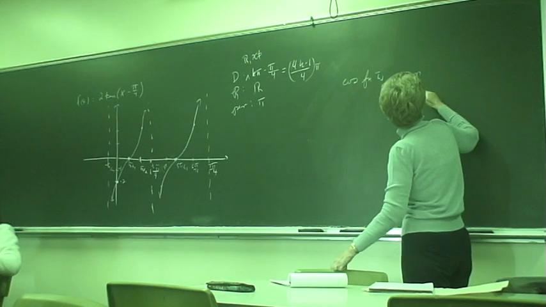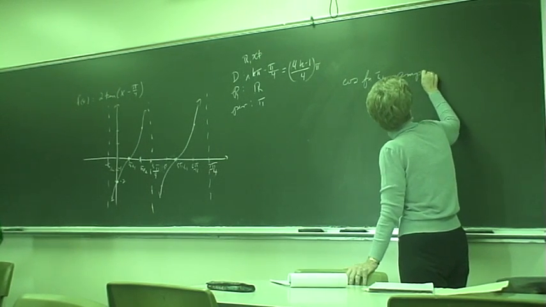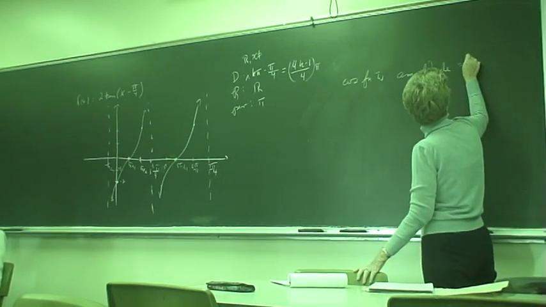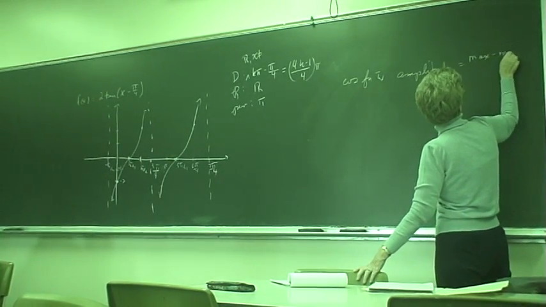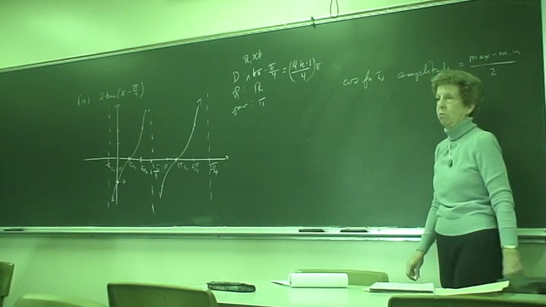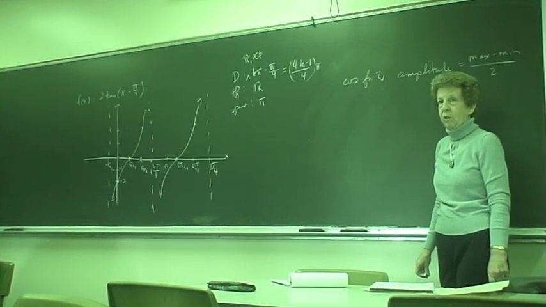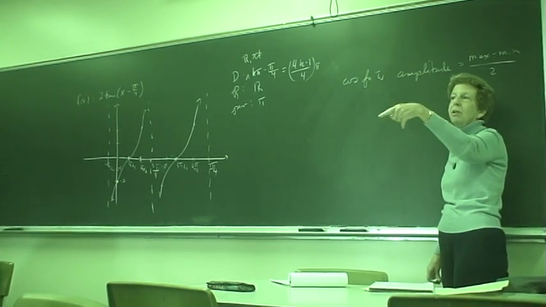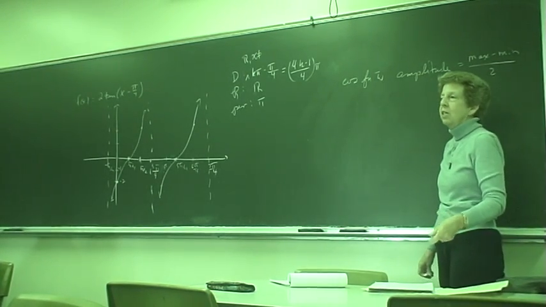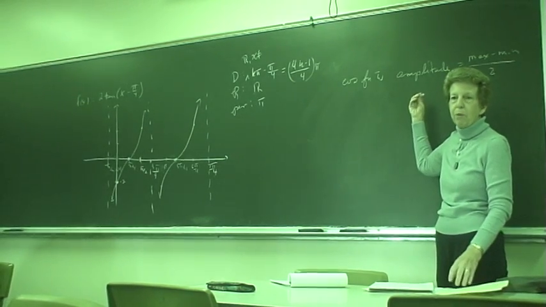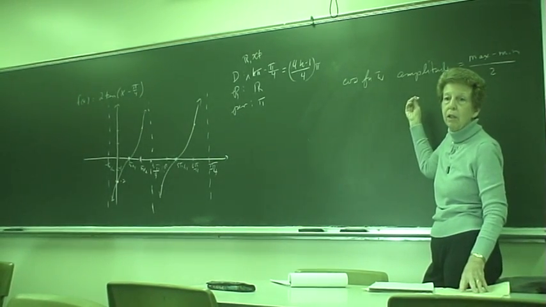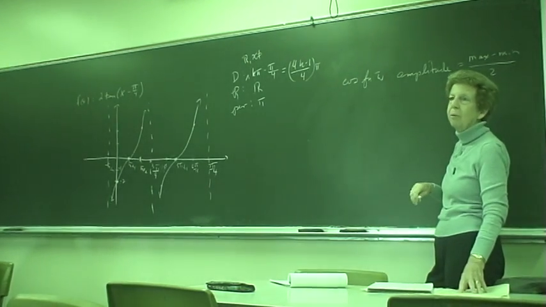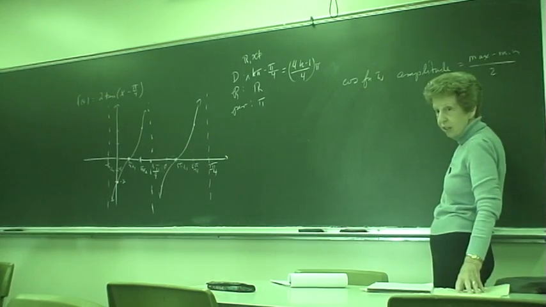Amplitude is defined to be max minus min over 2. You did tell us that a really long time ago, way back when we did two-dimensional functions. Okay, great, thank you, Kelly.